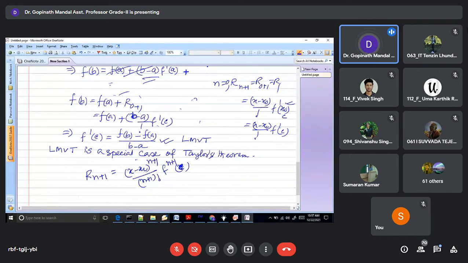Now n equal to 0, that is R1. R1 is x minus x0 to the power 1 by factorial 1 f dash c.